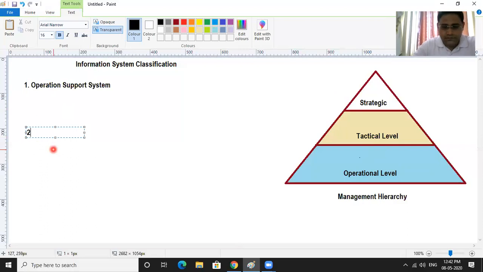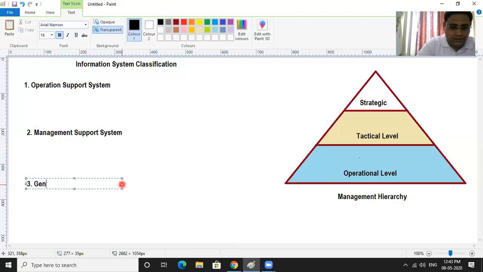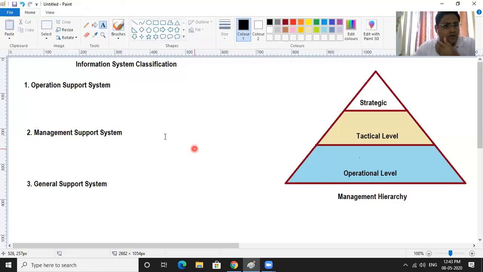Then we have management support system, and the third one is general support system.